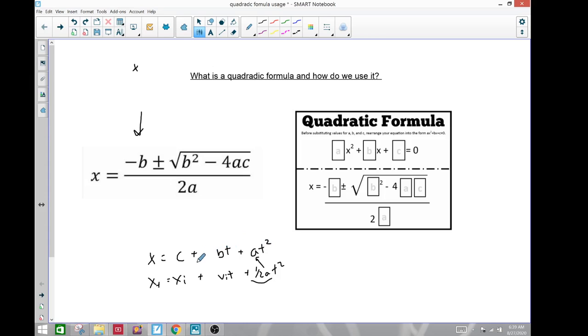So typically, you would take whatever value is x_t at this point, push it over to this side algebraically, and have 0 equals this new single value, which we're going to call c, plus the b value, which is going to be the initial velocity, and then the a value, which is the acceleration cut in half.